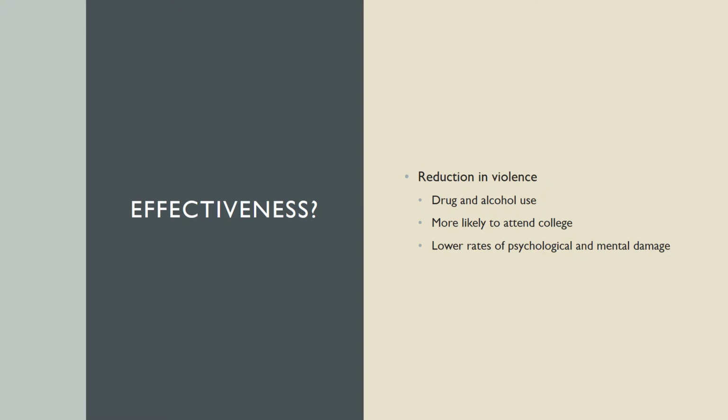There is a lower rate of psychological and mental damage, such as things like ADHD. Students are less likely to commit violent crimes and criminal offenses. The studies usually follow up with these students as they grow older to about the 18 to 21 year old age. And this is what they have drawn from students that have participated in these games.